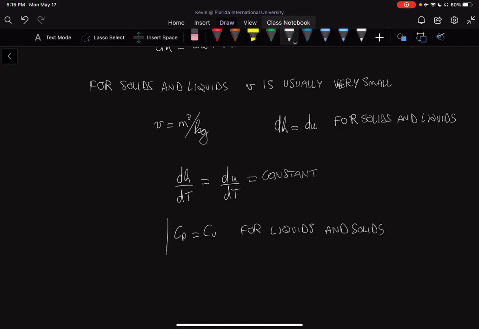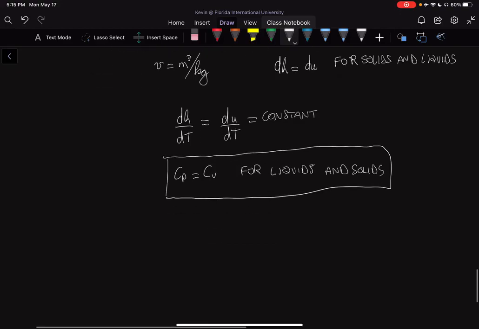So we've just proved that for liquids and solids, by assuming that we have incompressible and the fact that our specific volume is very small, we can say that Cp is equal to Cv for solids and liquids.